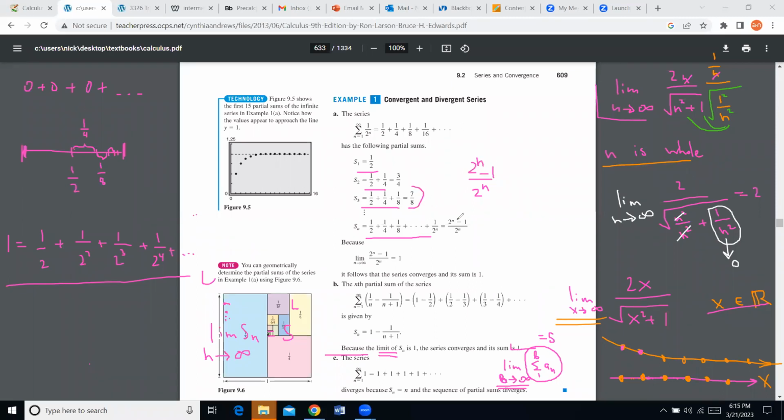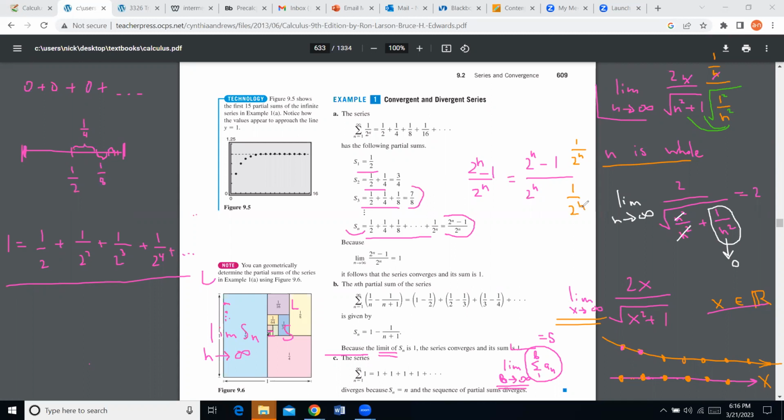Analogously to this. So once you found this n-th sum, you take its limit. And notice that if I want to take this limit, what I can do is get the largest power, which is 2 to the power of n. So I multiply by 1 over 2 to the power of n, the reciprocal of that, on the top and the bottom.